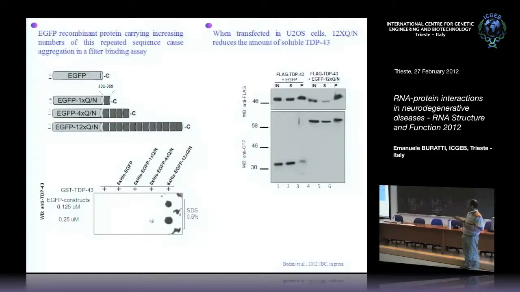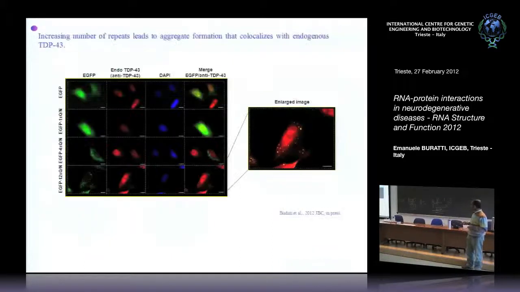But if you transfect the 12 times EGFP protein, then the shift from the soluble to the pellet is rather dramatically affected. And so this gives an idea that if you put this effector into cells, not only do you form aggregates that of course will contain this effector, but you also dramatically reduce the amount of soluble TDP-43.